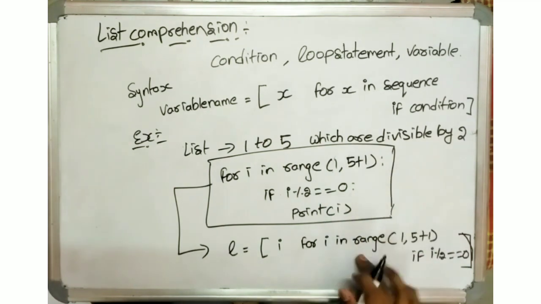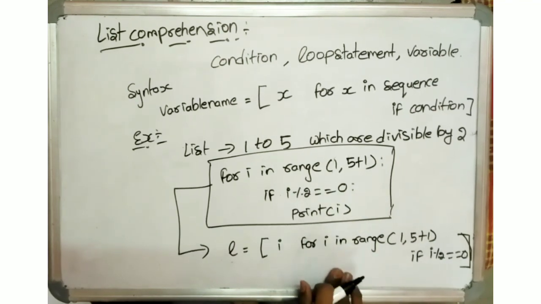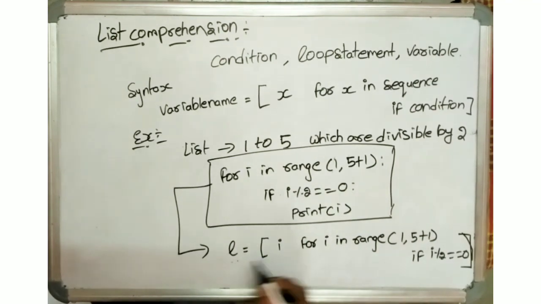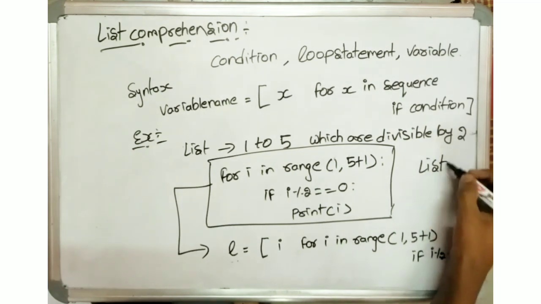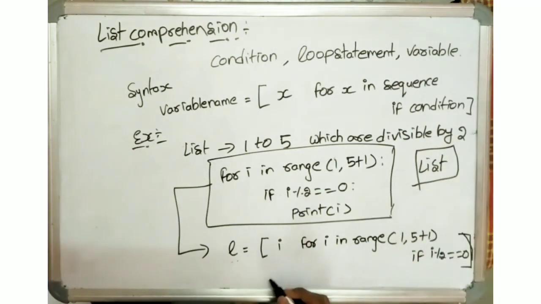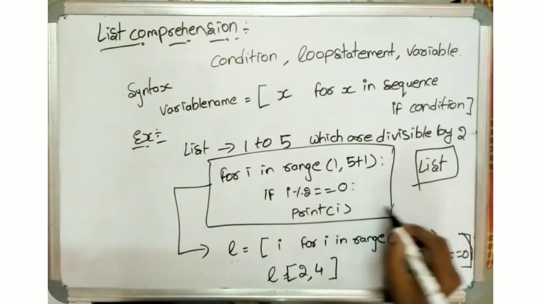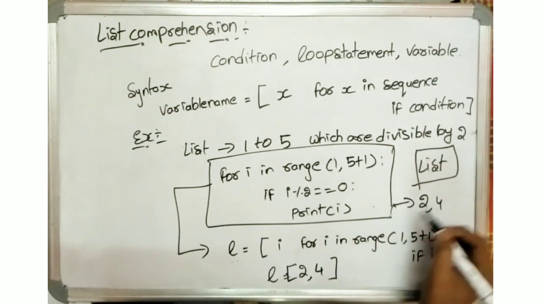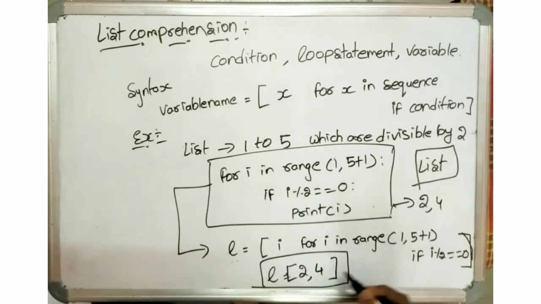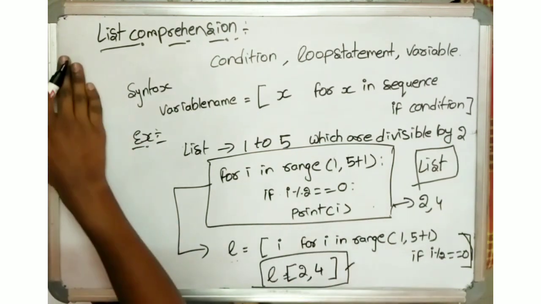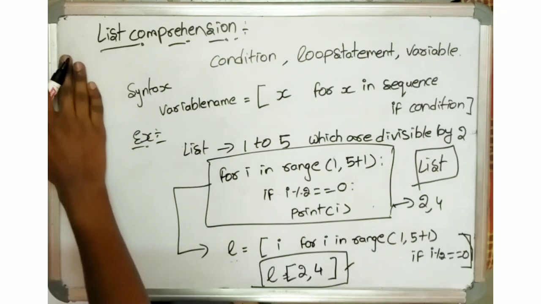Both codes give the same output, but by using list comprehension we can reduce the lines of code. The return type is list. It returns a list object. L is a list consisting of 2 and 4. Here we print 2 comma 4, and here we return a list consisting of 2 comma 4. This is a brief explanation about list comprehension.